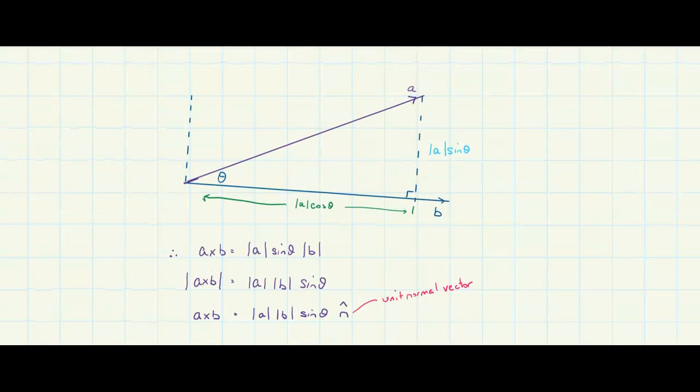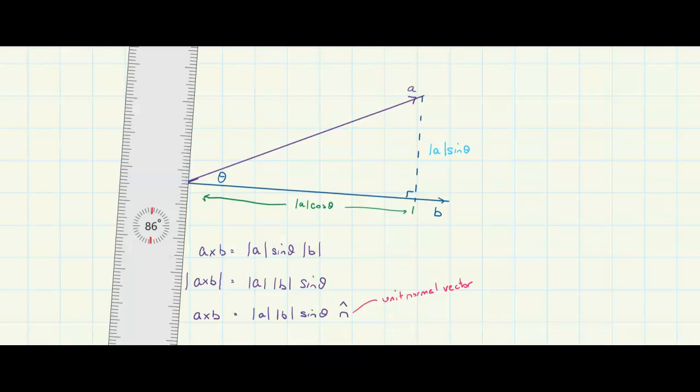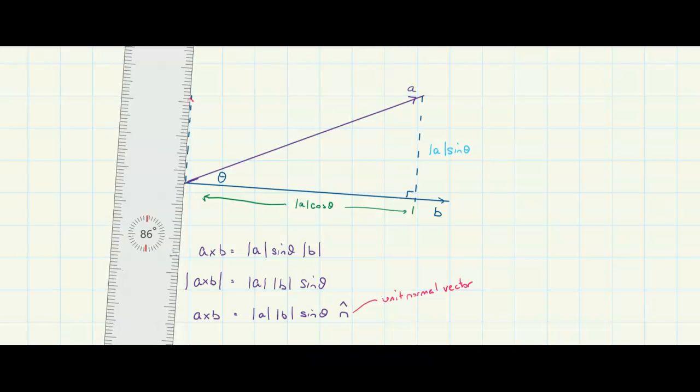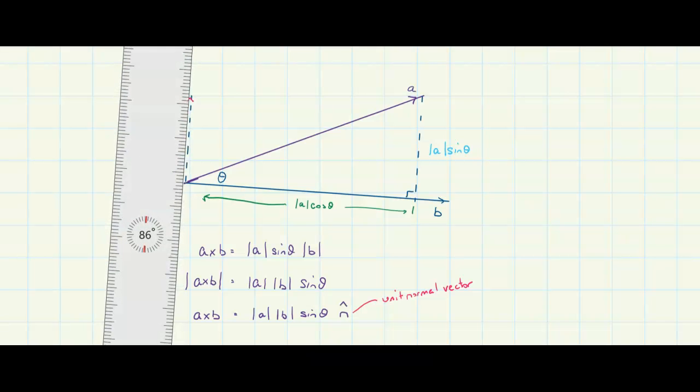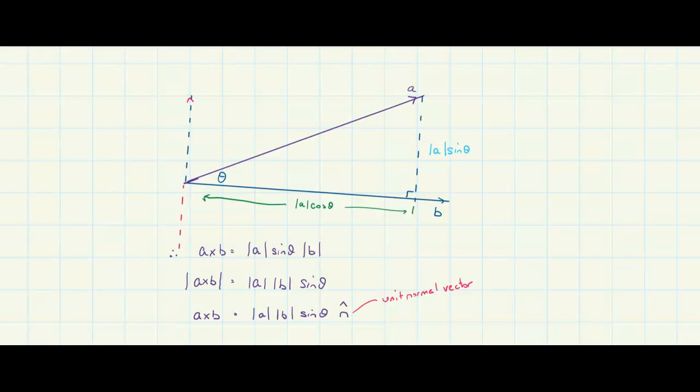So A cross B, that's going to push. So what we've got here is a vector that, if you can imagine A and B on a plane, and this blue dotted line popping out there, that's coming out of the plane, that's orthogonal to A and B, but there's another one down here, isn't there? So I might just get my ruler out again, and we could be going back through the page underneath like this, and that's actually the one that we've got.